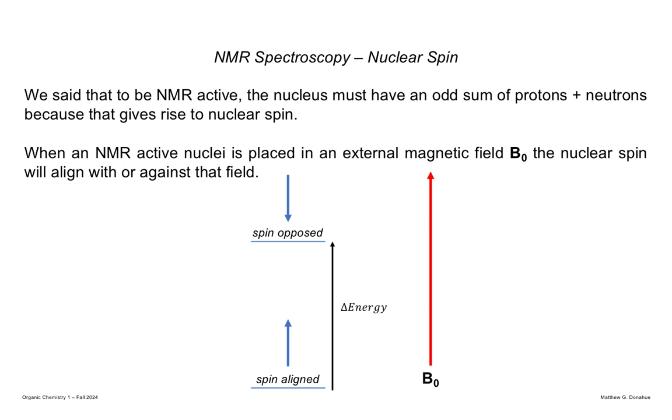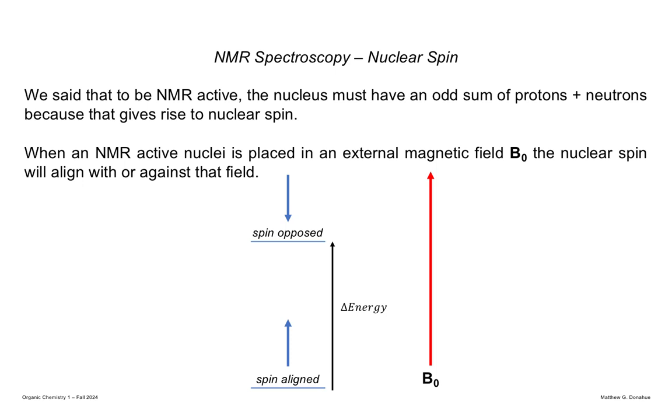The way the instrument is set up is there's a magnetic field, and from physics they use this B0 as the vector for the external magnetic field.